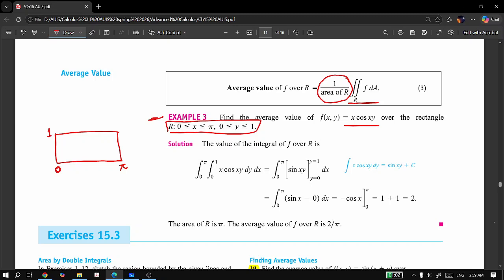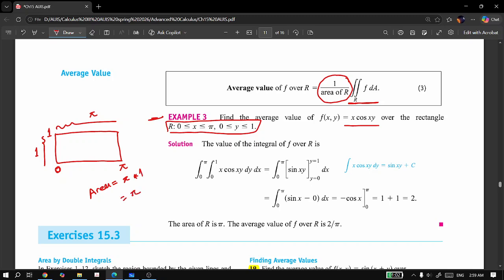So what is the area of this rectangle? Area is equal to length multiplied by width. Here is pi, and here is 1. So area is pi multiplied by 1, that's equal to pi.